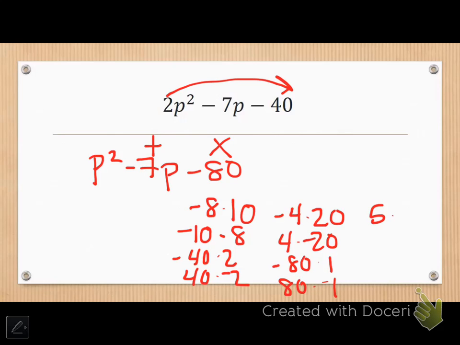5 times 16, negative 16 times 5. Okay, I think I messed up typing this too, so this I think is supposed to be a negative 11, in which case this is my answer here.